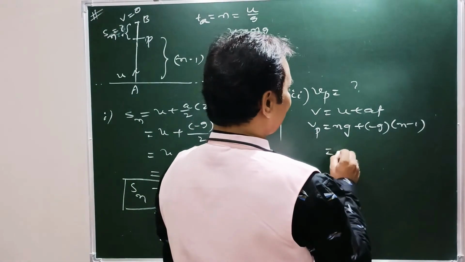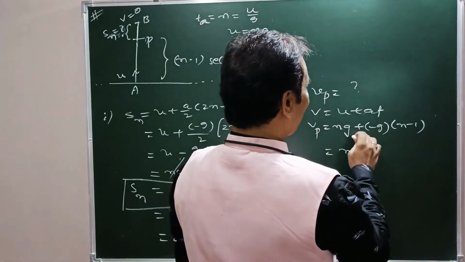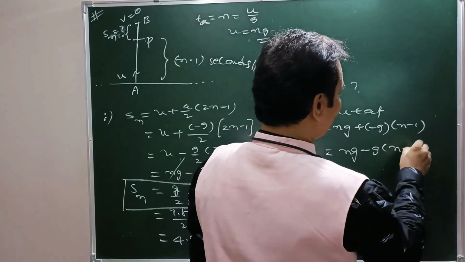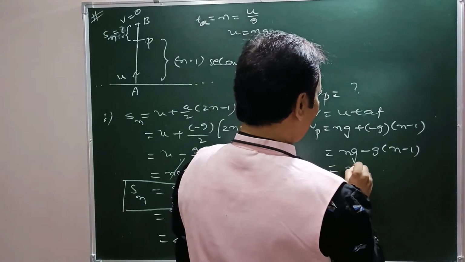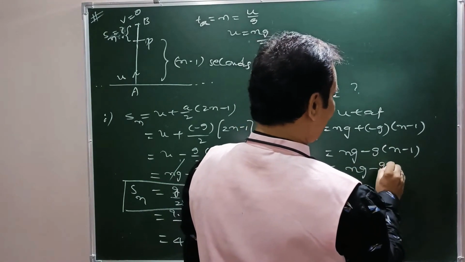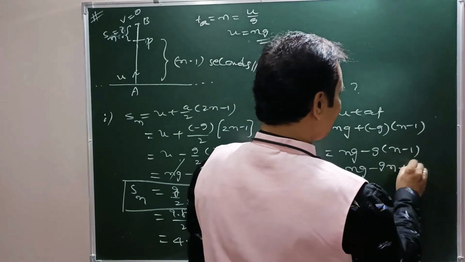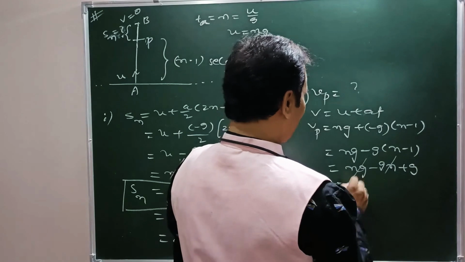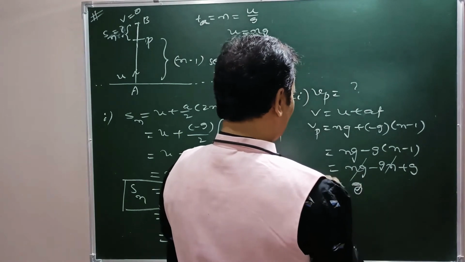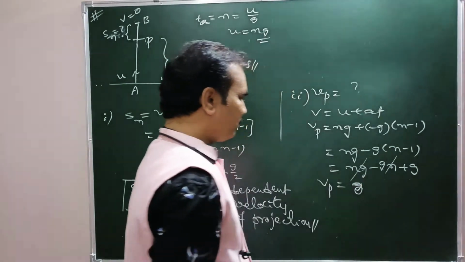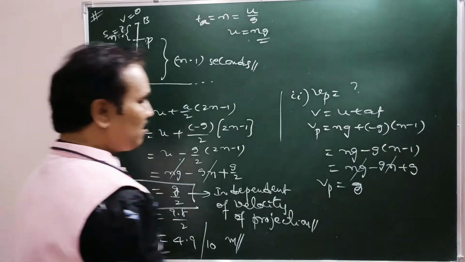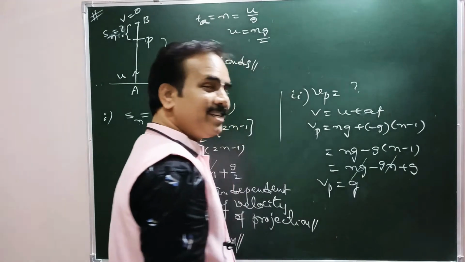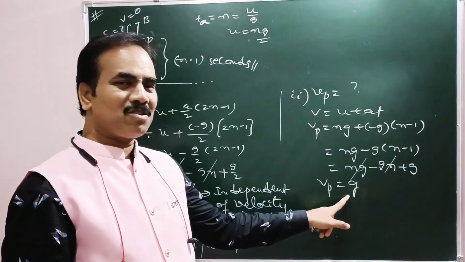So that is n times G plus or minus G into n minus 1. That is Ng minus Gn plus G. So Ng minus Ng cancel, and we are left with G times 1. So the velocity at P is G. Again, G is constant at a given place.